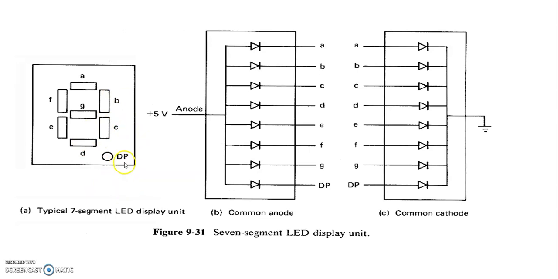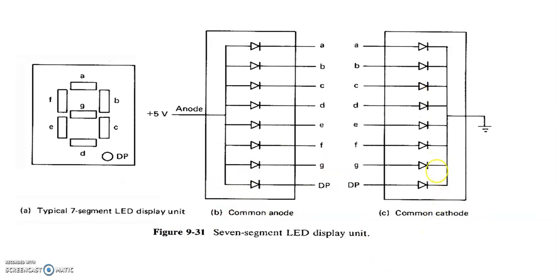We give the input as F9H, and this will be displayed on the LED display unit. This type of circuit is referred to as a static display because current is being passed through the display at all times.